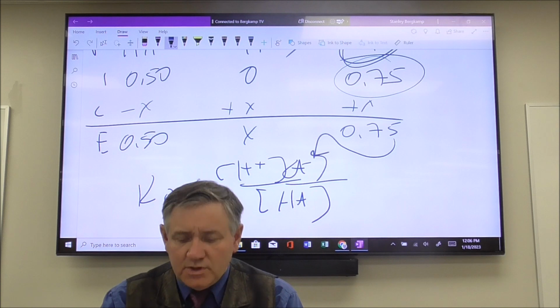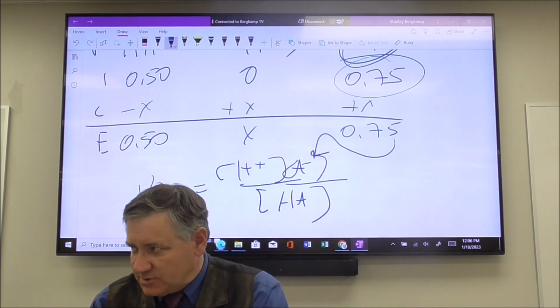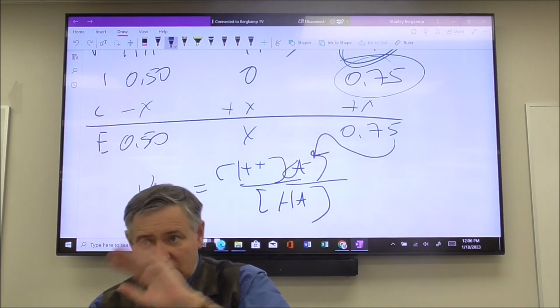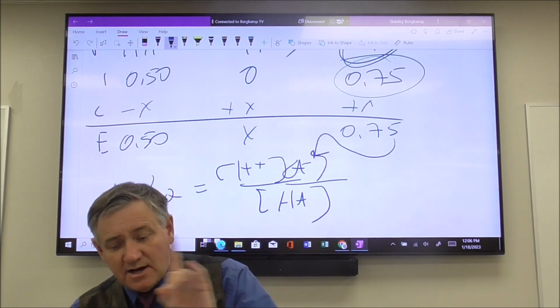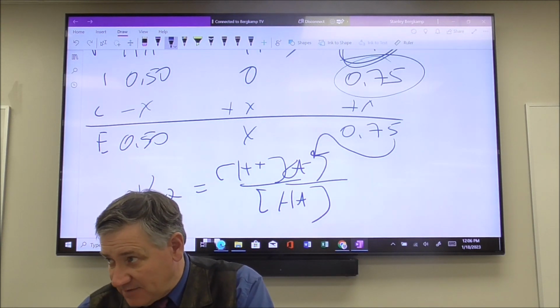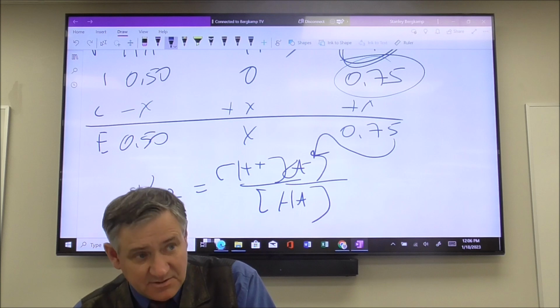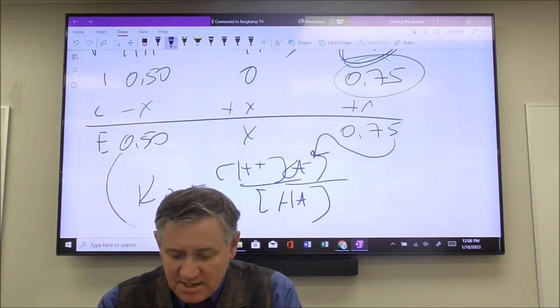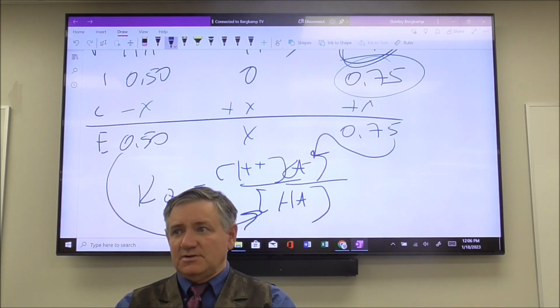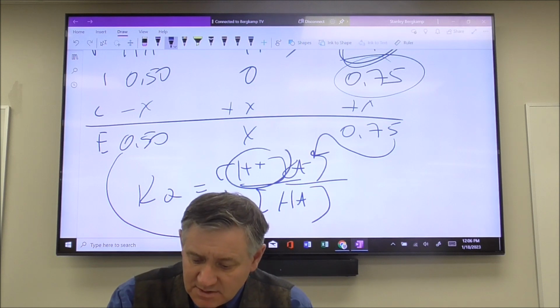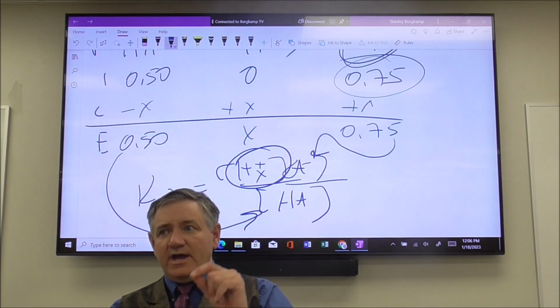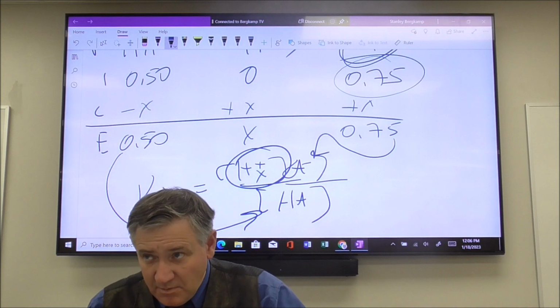At this point, you know what the anion concentration is. Your anion concentration isn't X. Your anion concentration is 0.75. Your Ka is still your Ka, and your HA is still 0.50. So in this situation, you're just solving for X. You're not solving for X squared.